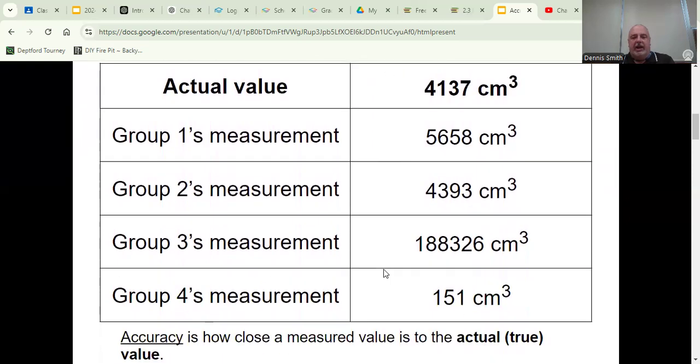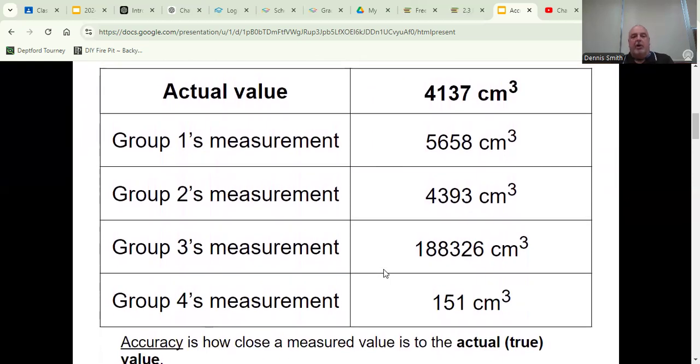So looking at this slide, remember, accuracy's definition is how close a measured value is to the actual true value. The actual value in this case is 4,137 cubic centimeters. Of these four groups, group one, group two, group three, or group four, which one is actually closest, or the most accurate, to the true value?